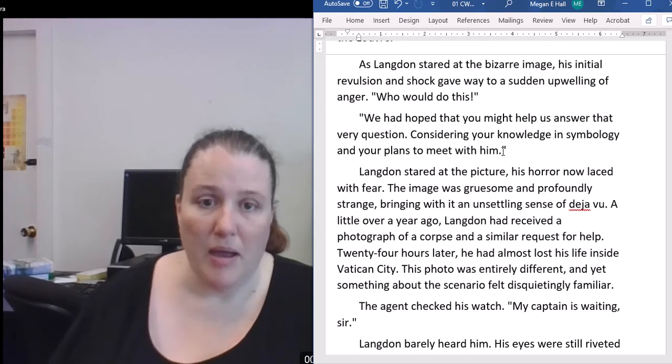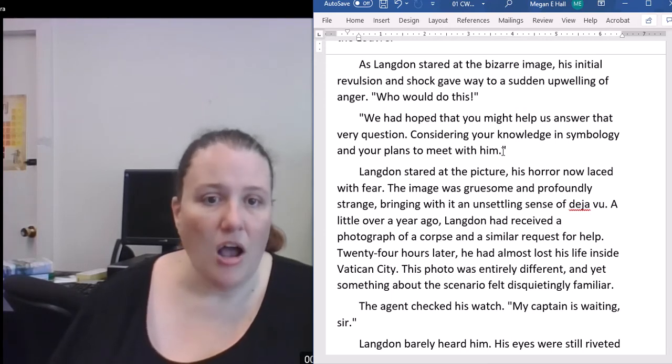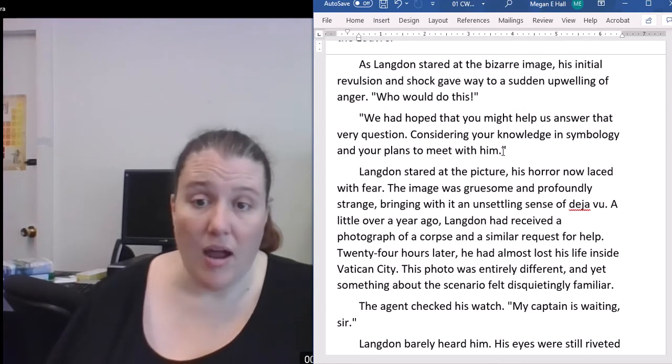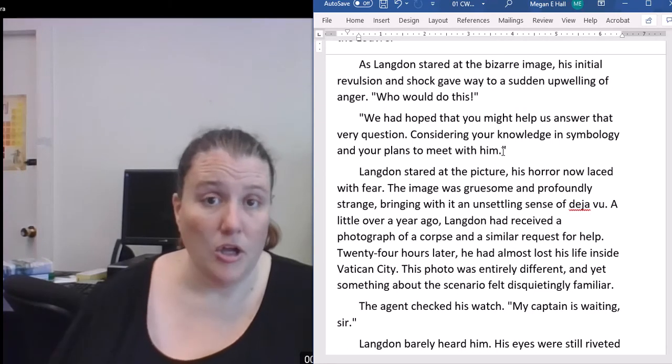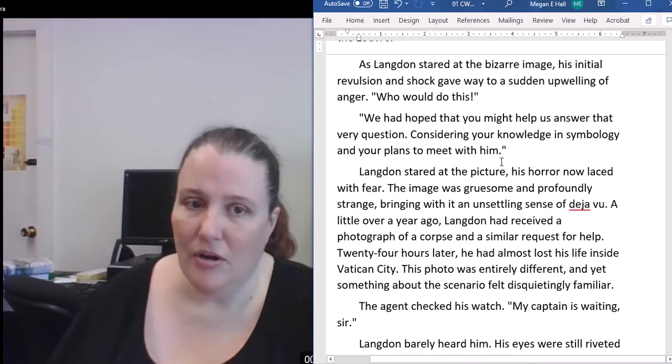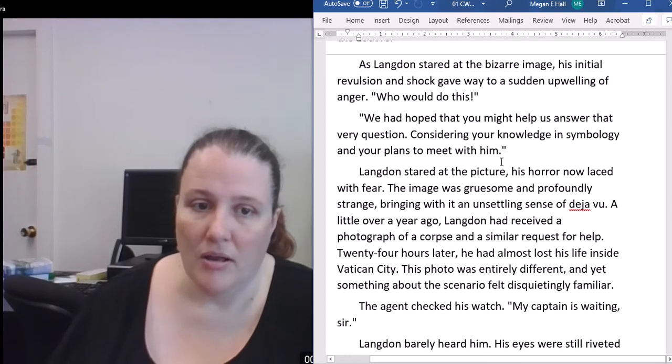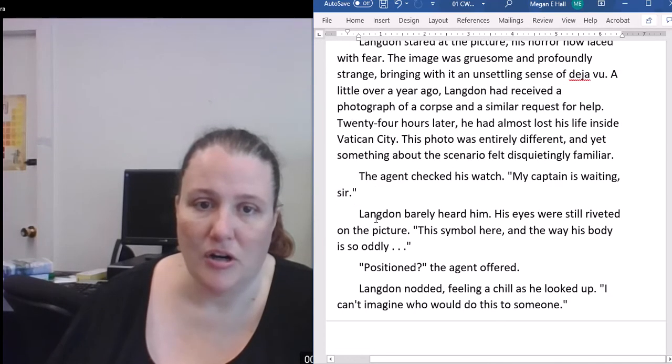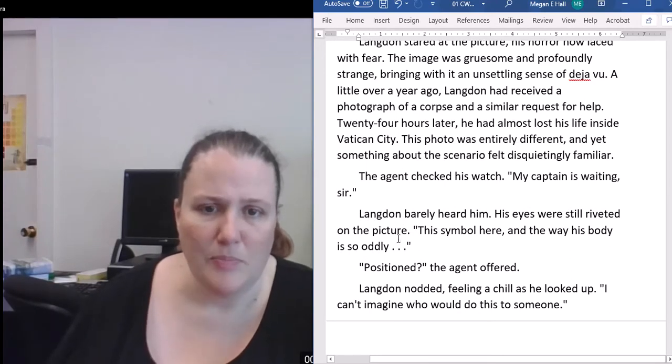The image was gruesome and profoundly strange, bringing with it an unsettling sense of déjà vu. A little over a year ago, Langdon had received a photograph of a corpse and a similar request for help. 24 hours later, he had almost lost his life inside Vatican City. This photo was entirely different, yet something about the scenario felt disquietingly familiar. The agent checked his watch. My captain is waiting, sir. Langdon barely heard him. His eyes were still riveted on the picture. This symbol here, and the way his body is oddly positioned, the agent offered. Langdon nodded, feeling a chill as he looked up. I can't imagine who would do this to someone.